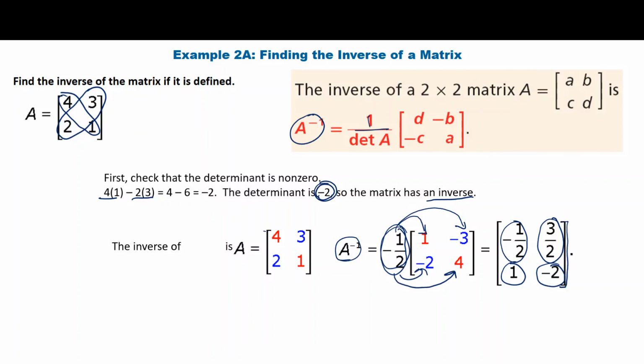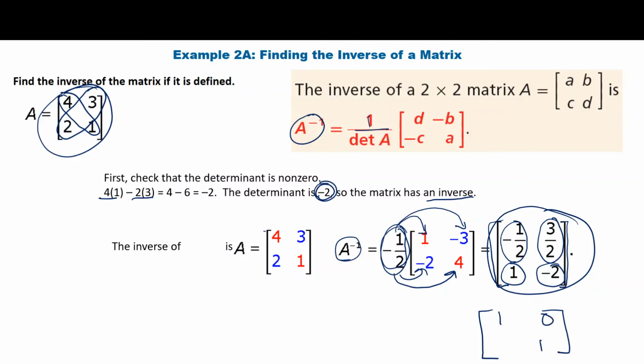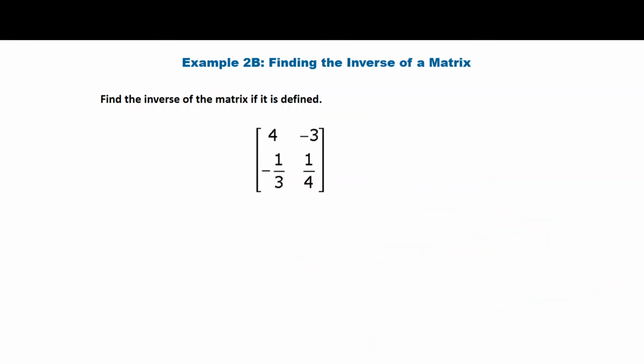If you wanted to take your calculator and type in your matrix as 4, 3, 2, 1, and multiply it by this matrix, you would end up with the identity matrix, 1s on the diagonal and zeros on the other side. So that's what it should look like. All right, let's try and find the inverse of this one if it's defined.